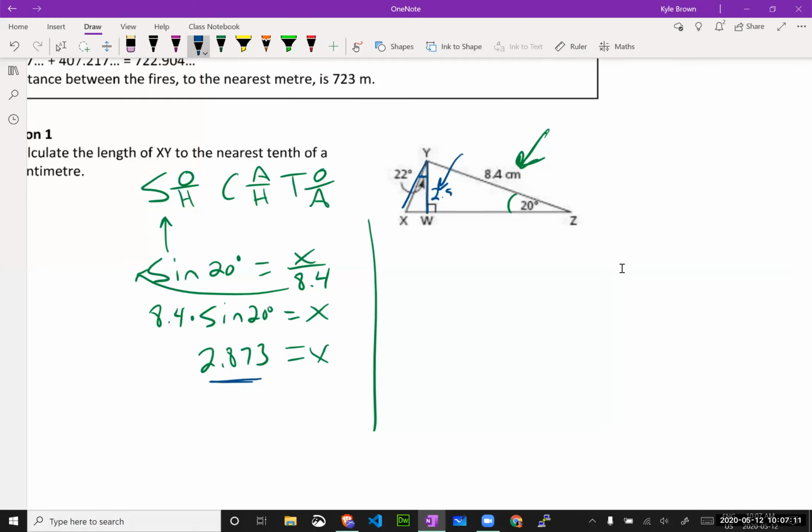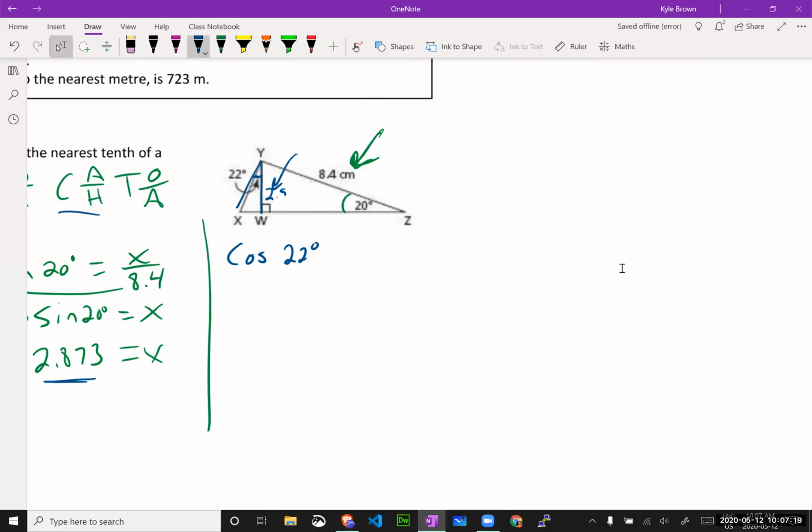Which of these are we going to use? Well, this time it's cos. So cosine 22 degrees is equal to, and cosine is adjacent over hypotenuse, so that's 2.9 over, call that maybe y, just so it's a different variable than last time. You could call it xy too, I just usually like to use a single variable. Rearranging this, you guys should probably be okay at this by now, so I'm going to skip to the gist of it. y goes up, cos 22 goes down, so y is equal to 2.9 over cos 22.